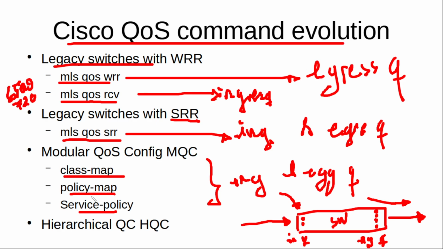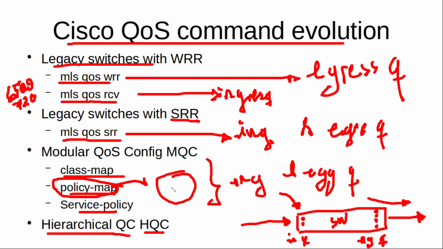And recently, there are more options using something that is known as hierarchical QoS or HQoS, where you can have a policy map that lives inside another policy map. So you can have a father policy map, so to speak, that can call, the way that you call a function, just to make a similarity with programming, another policy map.